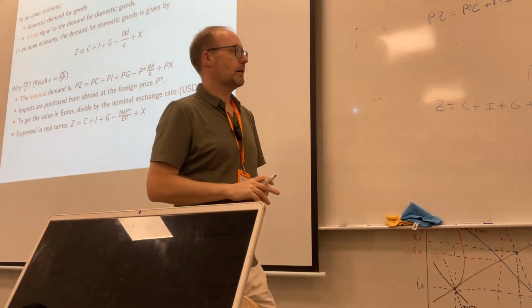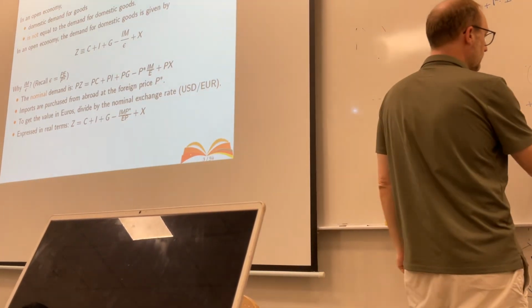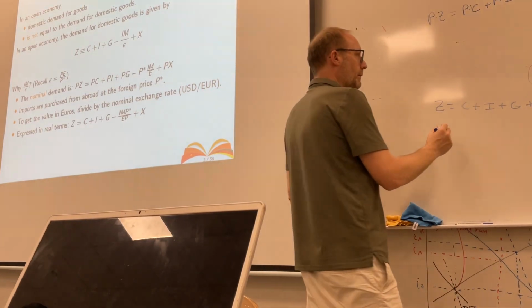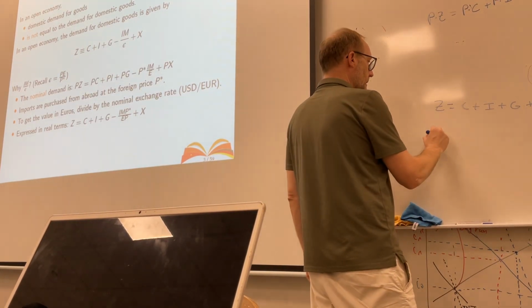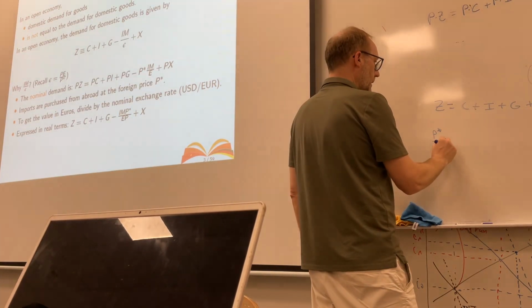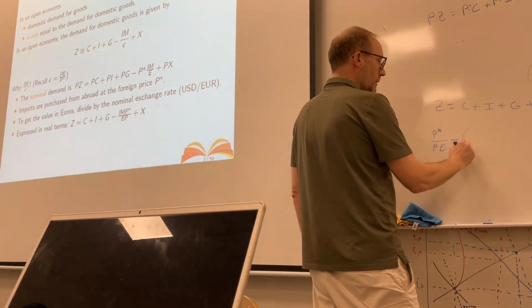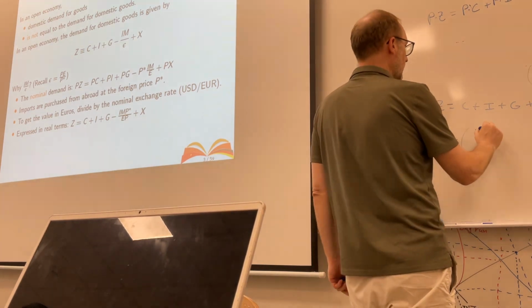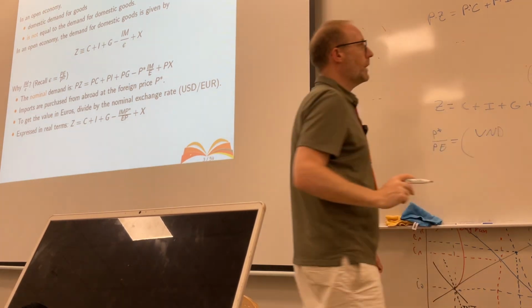And we get this term here. And if we look in terms of the units, P star over P E, we call this then. So we have to make a choice here.